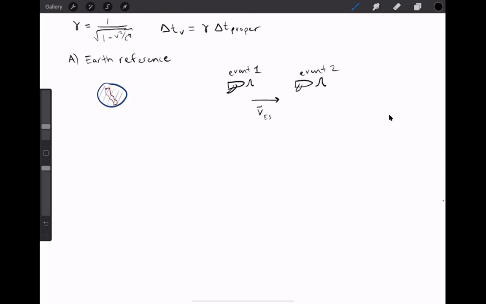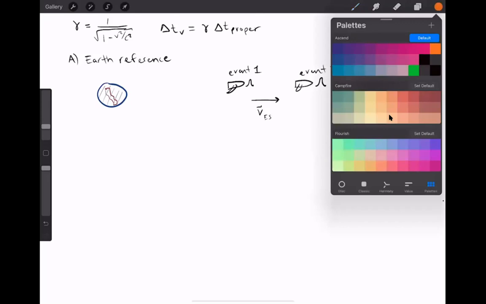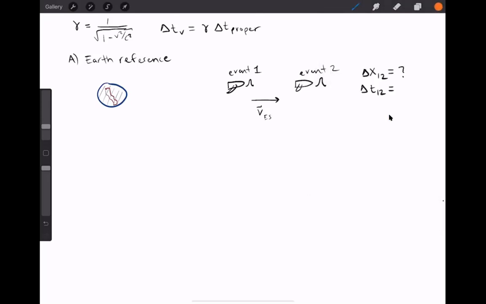All right. So then what's the next thing? Do I know here how much distance passed between event one and two? Joshua? No. All right. Do I know how much time passed between event one and two from the reference frame of the Earth? 2 seconds. Actually, no, because what happens is that event one is this pulse coming out and being seen here.